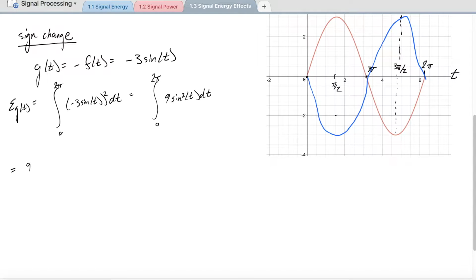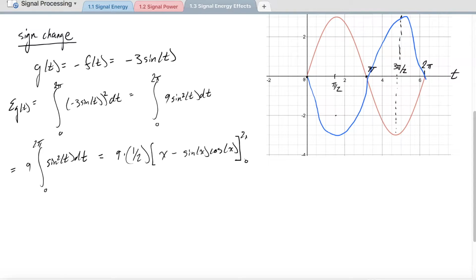Then this is equal to 9 times the integral from 0 to 2 pi of sine squared of t. Now, for the interest of time, I just integrated sine squared of t. I'm not going to go through that entire mathematical process, but it's just 9 times 1/2 times the quantity x minus sine of x cosine of x, evaluated from 0 to 2 pi.